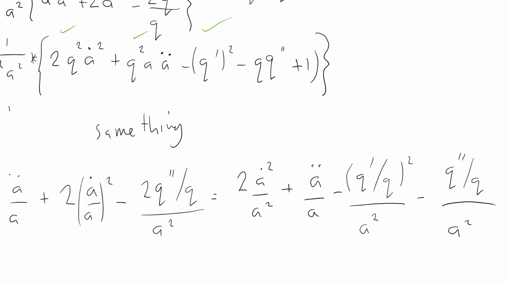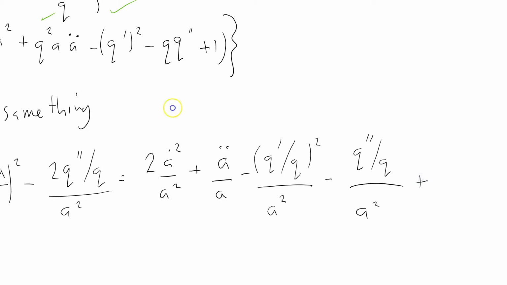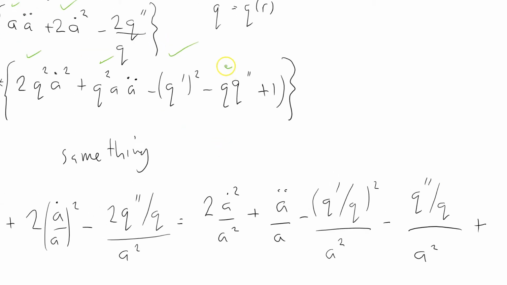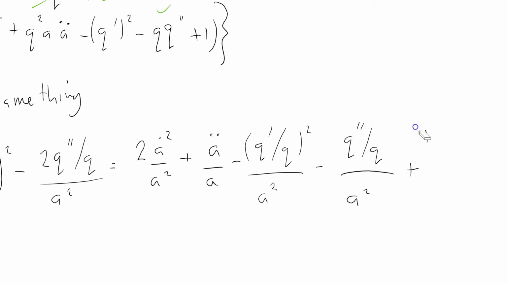Yes, because I'm dividing by 2 factors of q there, plus that term there, plus the 1, which is plus q squared over a squared, plus 1 over q squared a squared.